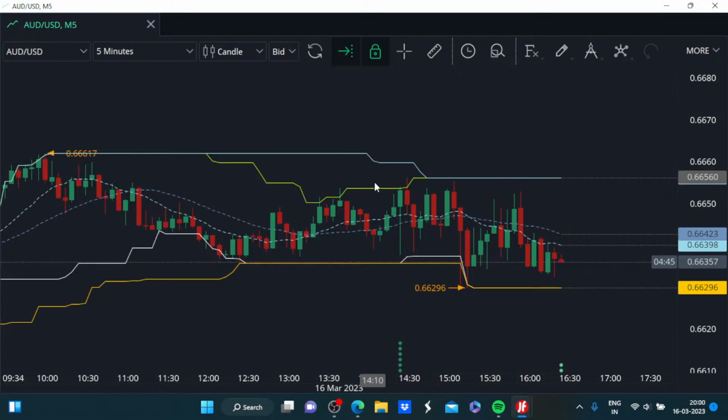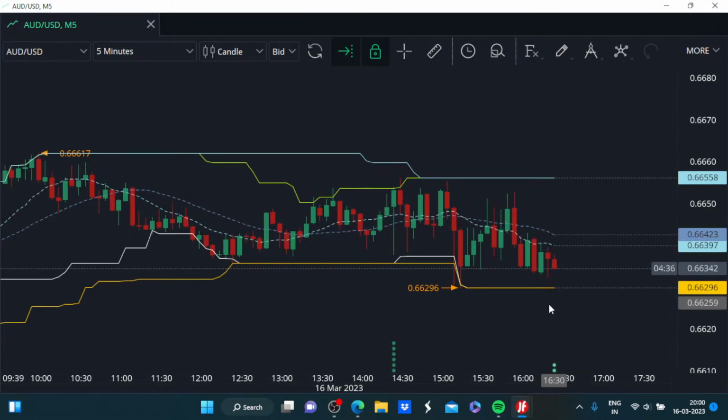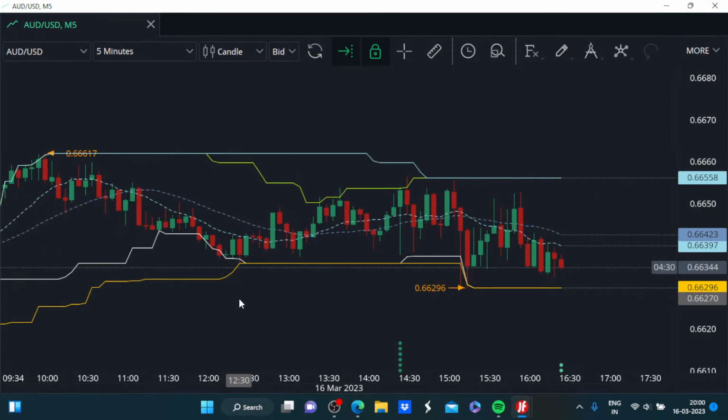If we look at this price formation, it is of lower highs and lower lows. So if it again makes a fresh swing low, the outlook is likely to turn more pronouncedly bearish, and here also it is better to keep looking for short selling opportunities. We have to see if the AUD is more bearish or the euro is more bearish.